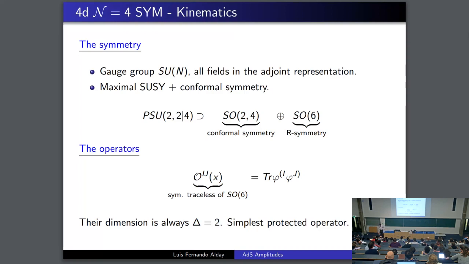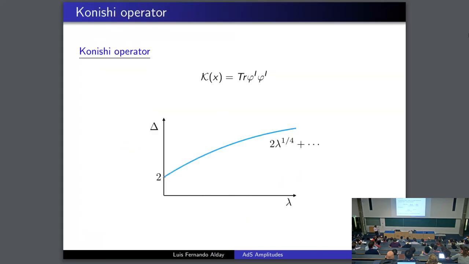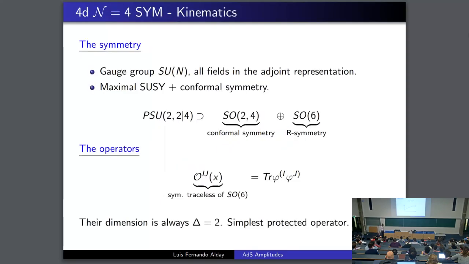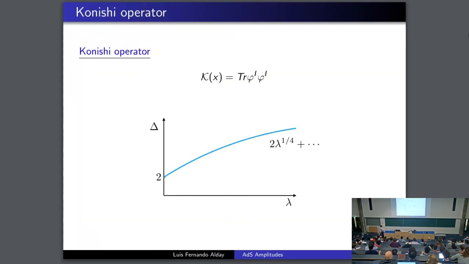N=4 super Yang-Mills is not that boring, and there are other kinds of operators, and another famous operator is the Konishi operator. For the Konishi operator, we contract these 2 indices so that it is in the singlet of SO(6). And this is basically the Konishi operator.